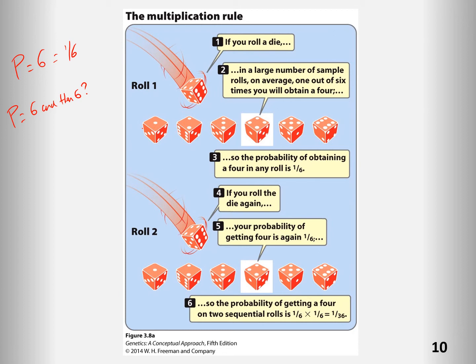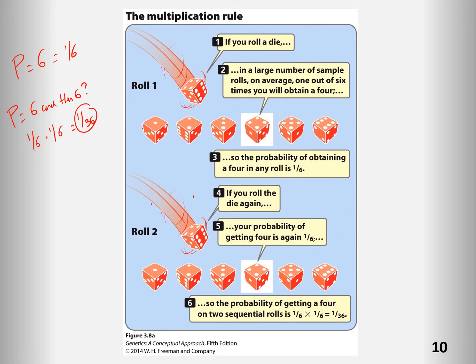I must also get a 6 again. So I've been much more specific than in my previous example, and so what you do is you multiply the probabilities of each event occurring together, and you get 1/36th, which is much smaller than the previous example.